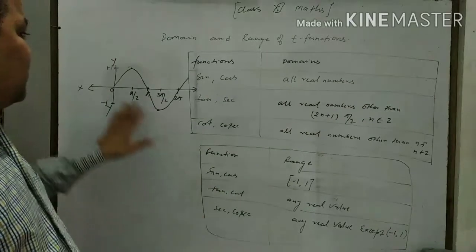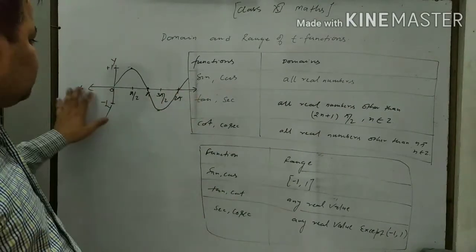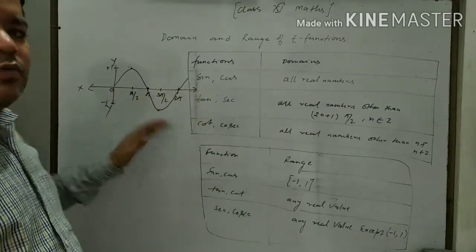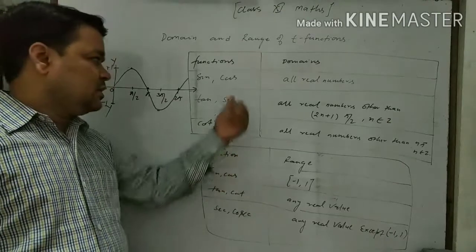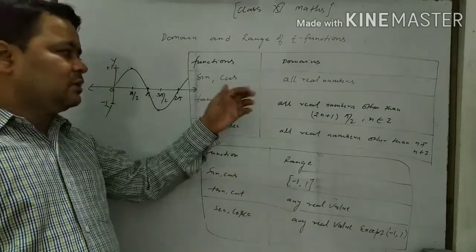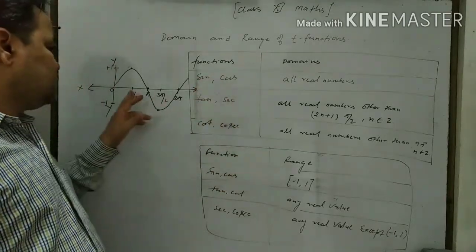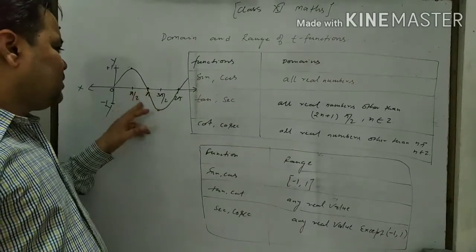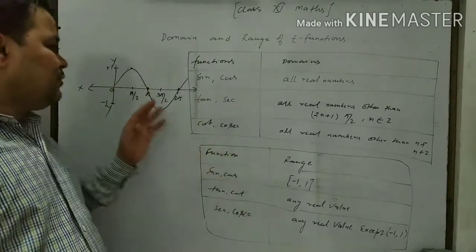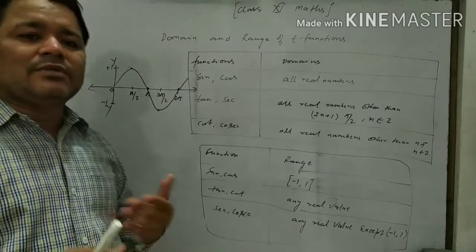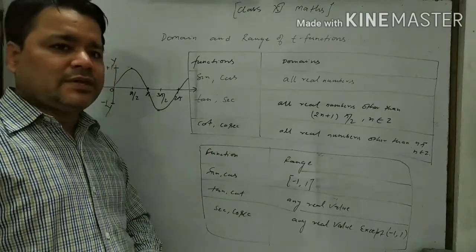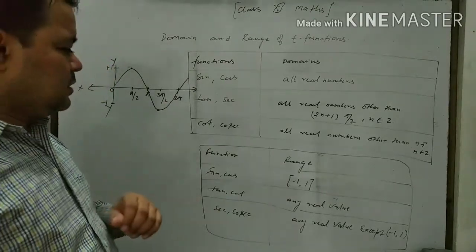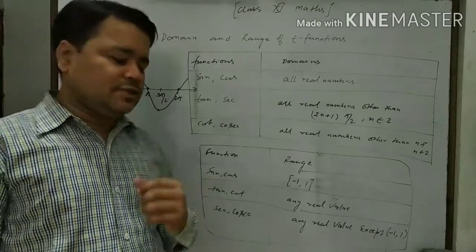Because for each real number we have some value of sine. If x is equal to pi by 2, then we have sine pi by 2. If x is equal to 3 pi by 2, then we have the corresponding value of sine.